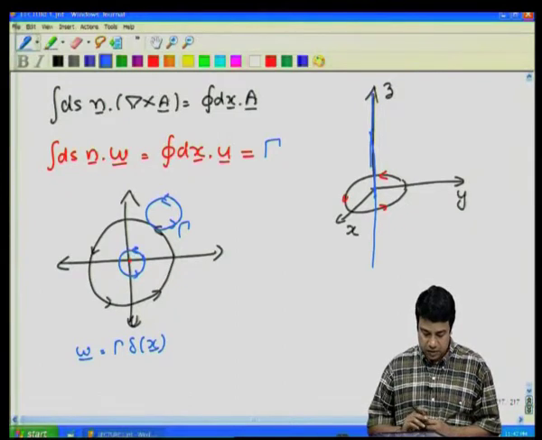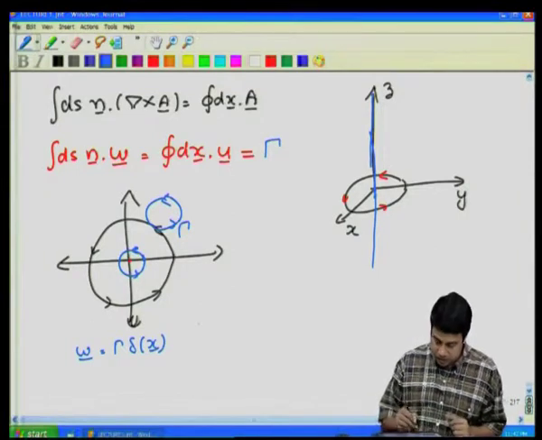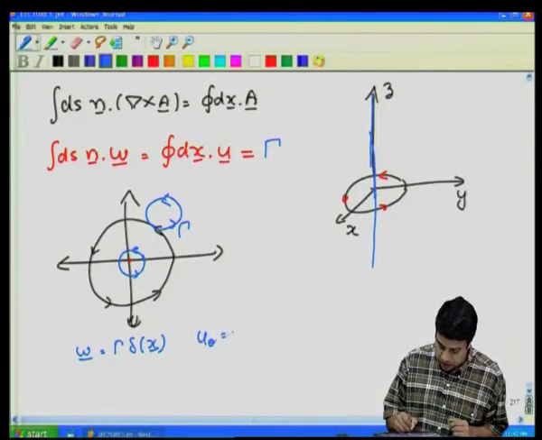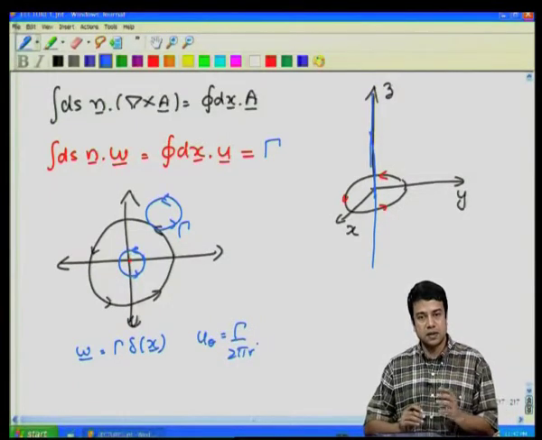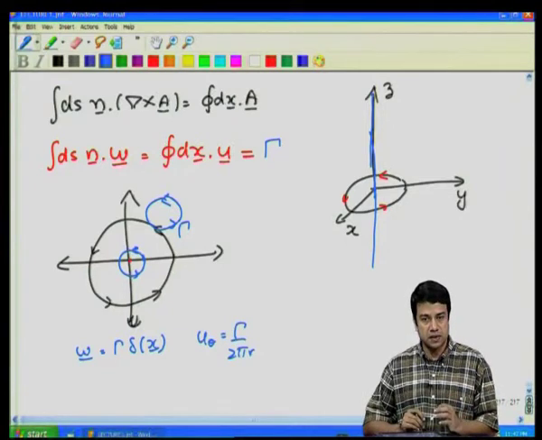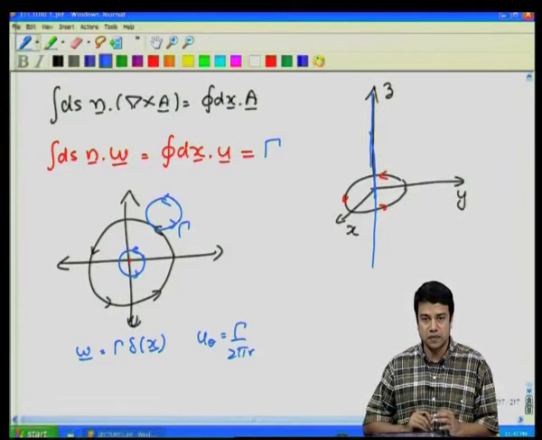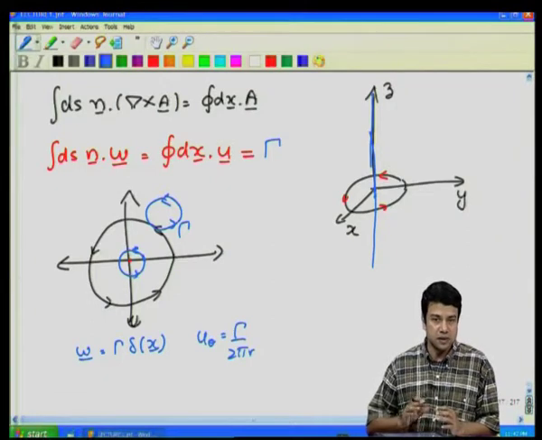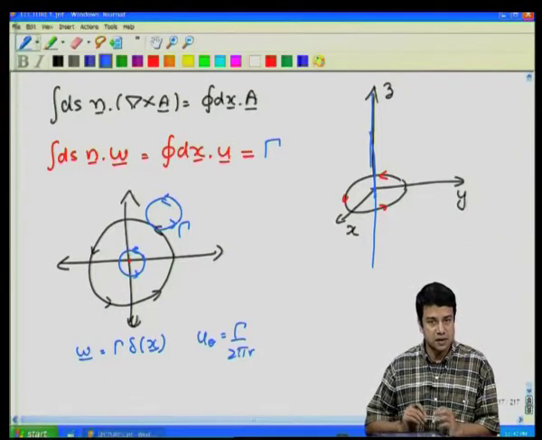So, for this flow with omega equal to gamma times delta of x, the solution is u theta equal to gamma by 2 pi r. Just as in the case of the mass source which we just considered, there is a source at the origin, but everywhere else the flow is incompressible. Similarly, in this particular case, there is a delta function vorticity at the origin, but the flow is irrotational everywhere else.